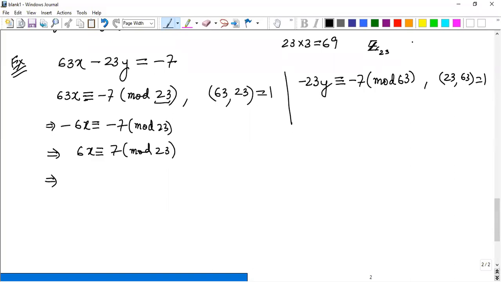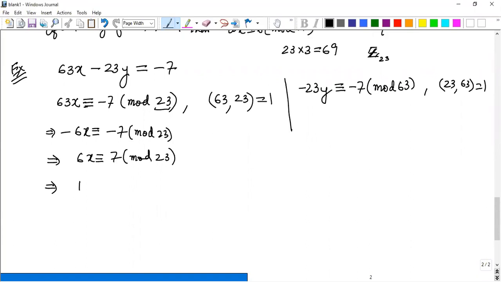So because 6 has an inverse, 6 is a unit in Z23. The inverse of 6 is 4 here.